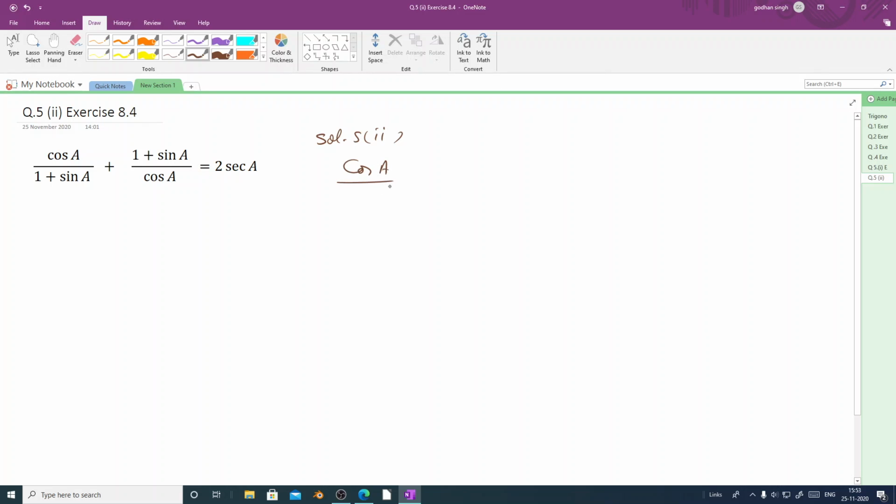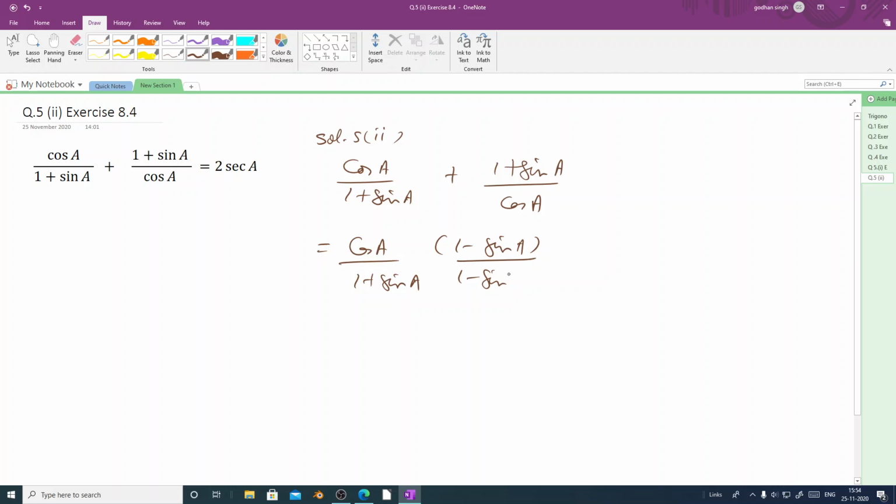Cos a over 1 plus sin a plus 1 plus sin a over cos a, and this we can write as cos a over 1 plus sin a, multiplying and dividing with 1 minus sin a. Here also we will be multiplying with 1 minus sin.